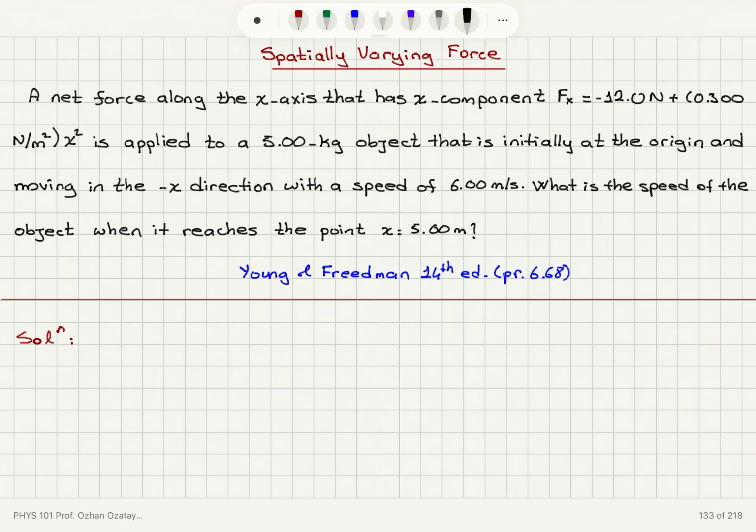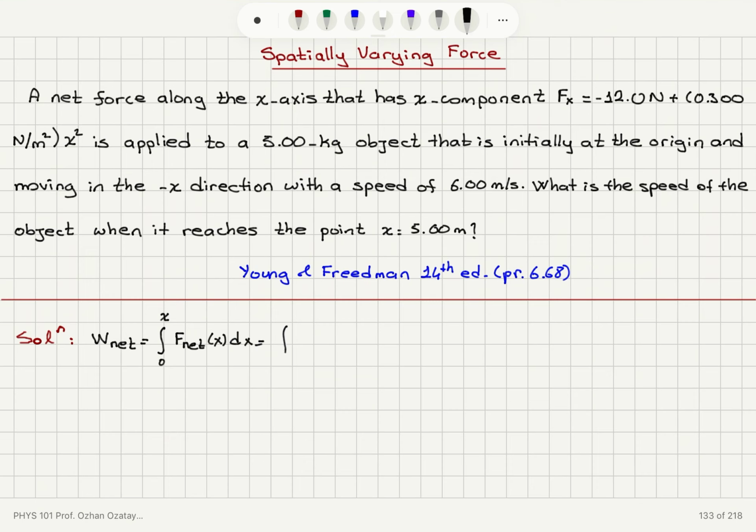So the work done by the net force acting on this object will be the integral from 0 to x of the net force F net x dx.